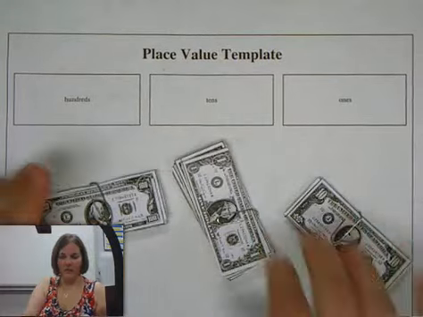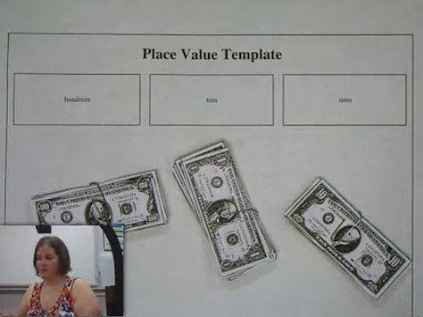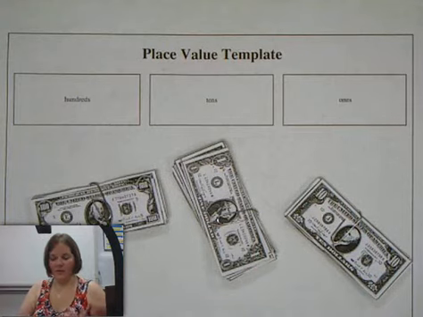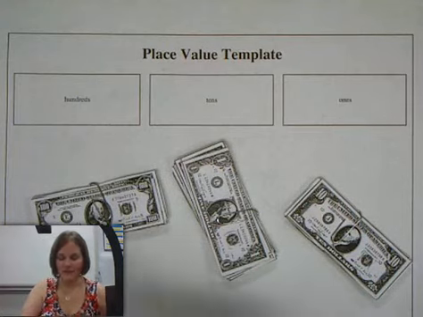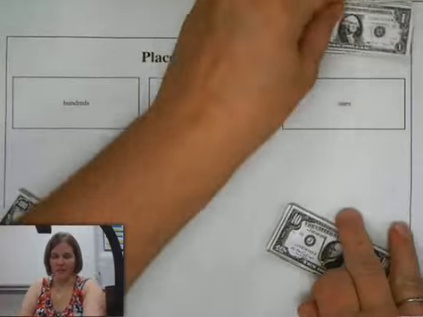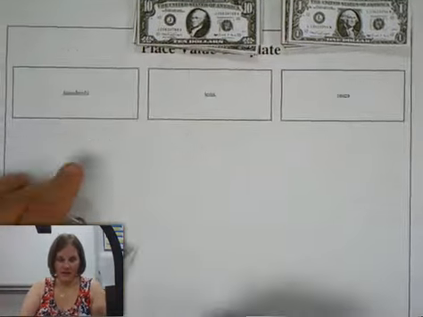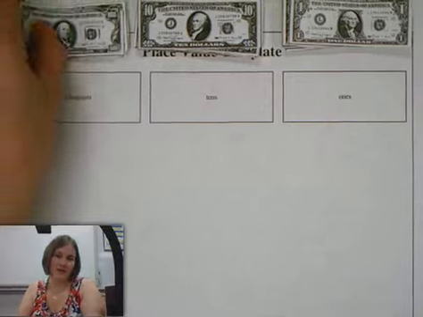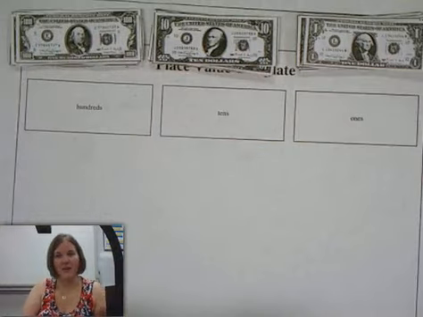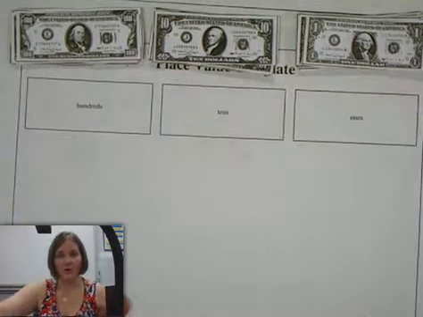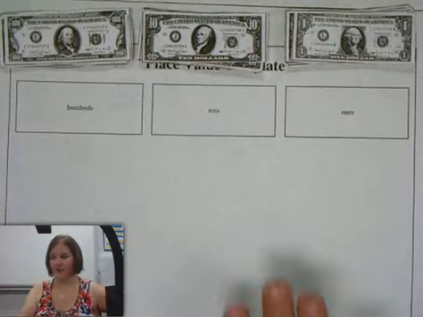So you should have $100 bills, $10 bills, and $1 bills. Go ahead and unclip them and maybe just set them up here so they're ready to be used. That's what I'm doing. Yours might not be as organized, so take some time to organize them. If you need to pause the video to organize them, go ahead and pause the video now.